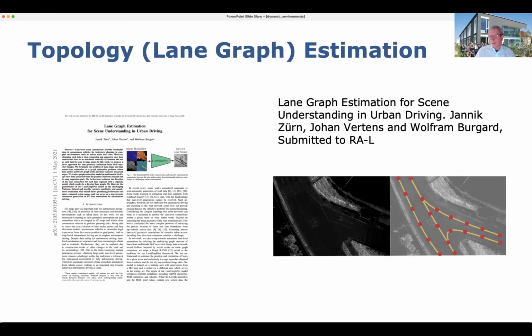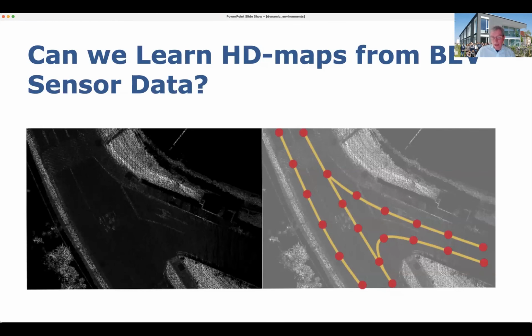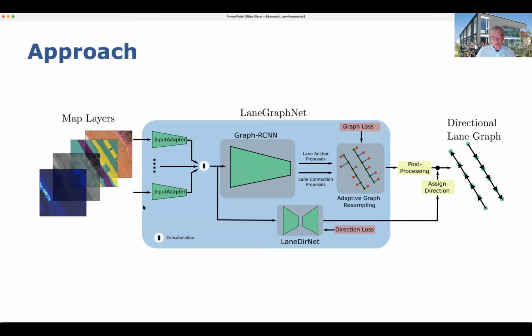The idea there is basically using a bird's eye view representation, and I guess Raquel will talk a little bit also about bird's eye view representations in her talk, and directly infer the lane topology out of this bird's eye view. And again, we are doing this with multimodal inputs, which is basically the intensity information. We also have direction information of the individual vehicles, and also semantic segmentation, and throw this into a so-called graph RCNN and get as output the directional lane graph.